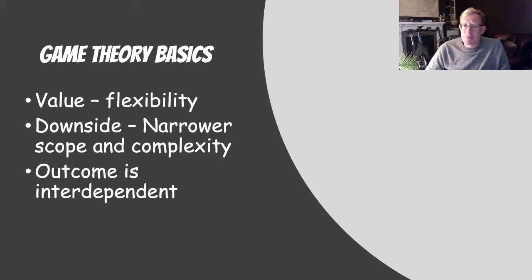Players can always make choices that lead to different outcomes. You have to be careful of the choice you make, of course. There might be better alternatives for you as an individual in the game, but the interdependence still exists within the game, so we need to be aware of that.